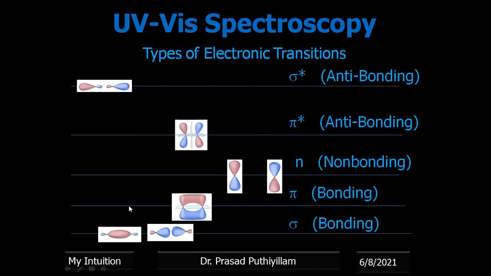It is available. So here we can see we have different energy levels: sigma bonding, pi bonding, n, that is lone pair of electrons or non-bonding, then pi star anti-bonding orbital, and anti-bonding sigma star. The representation shows how the electrons are arranged and what the actual shape will be.